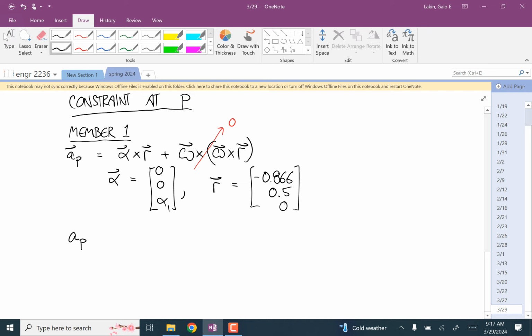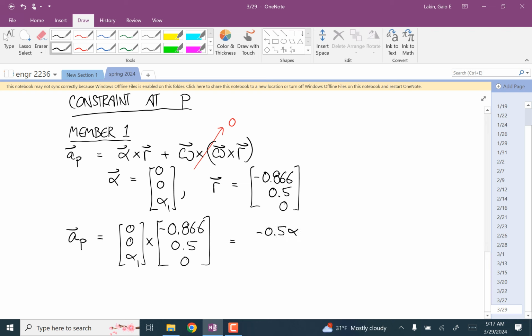The acceleration of P according to member 1 is 0, 0, alpha 1 crossed with negative 0.866, 0.5, 0. And what do you get for that? Negative 0.5 alpha 1, and then negative 0.866 alpha 1.